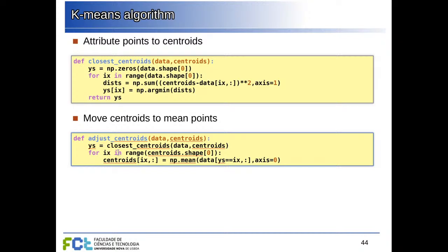And now for each of the centroids, we are going to change the coordinates of that centroid to be the mean of the coordinates of the points that belong to that particular centroid. So this condition here is specifying that the label for the points must be the index of this centroid. And now we are computing the midpoint of those coordinates and assigning that to this particular centroid.